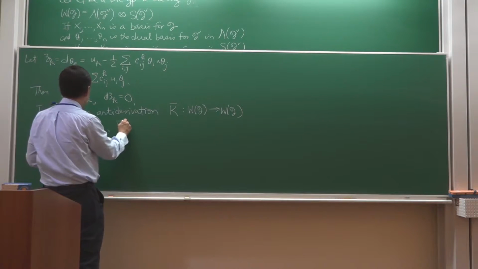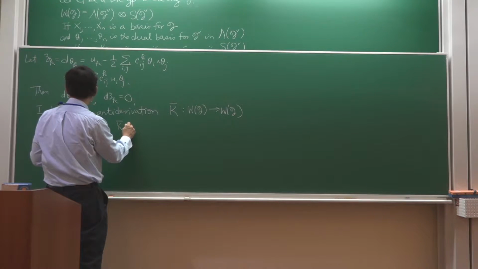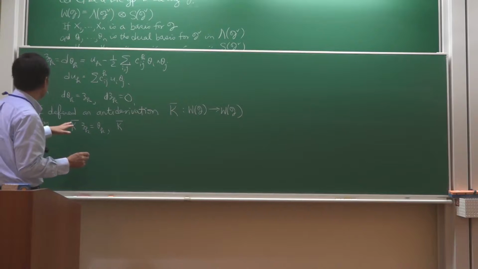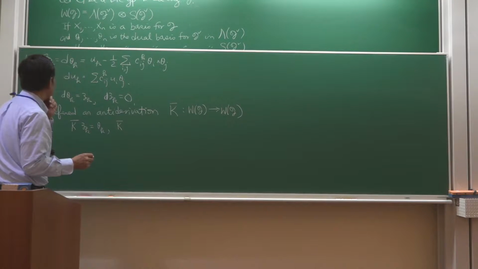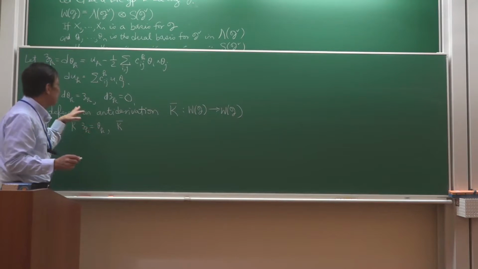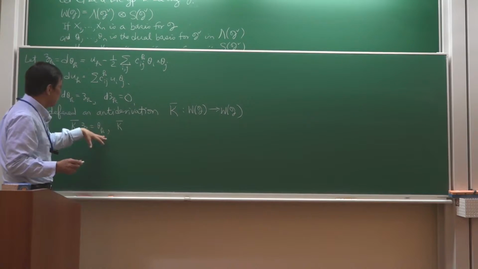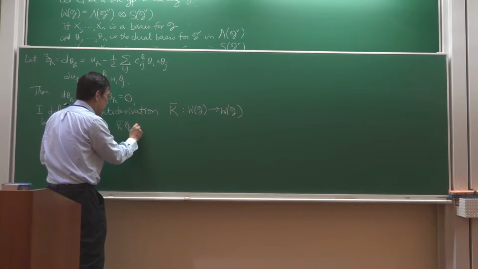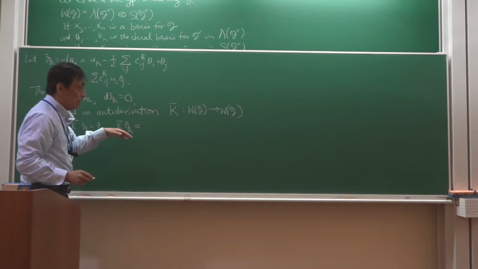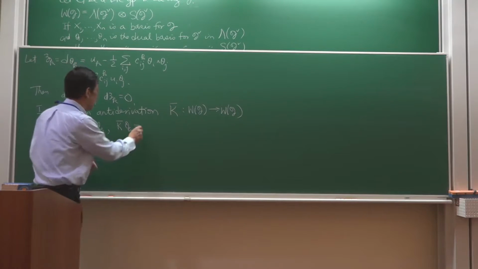Zk has degree 2, so k bar reduces the degree by 1. And k bar of theta k should have degree 0, and it's 0.